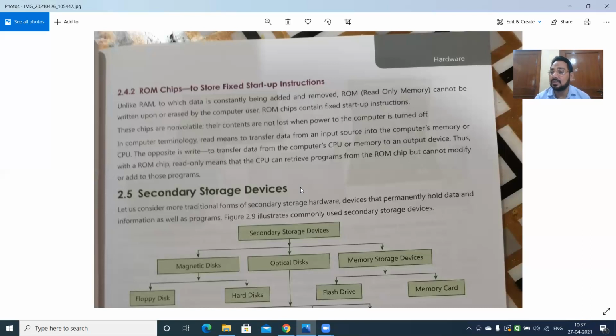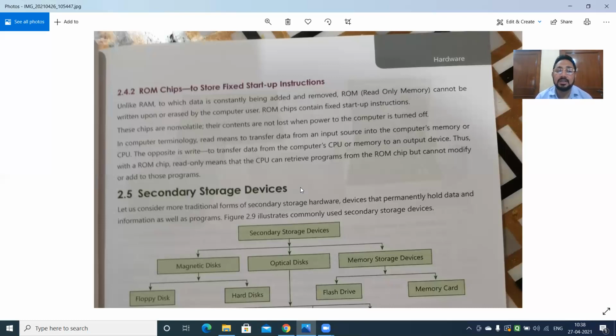But I will not tell you to go for that, because if you make some changes in it, then your system may not work properly. I would give you an example, but I cannot give it just now, because that information comes only at the startup of the system. So that is the ROM chip.